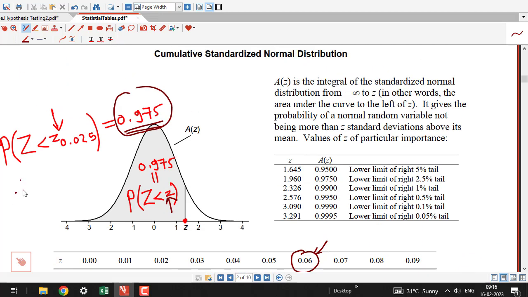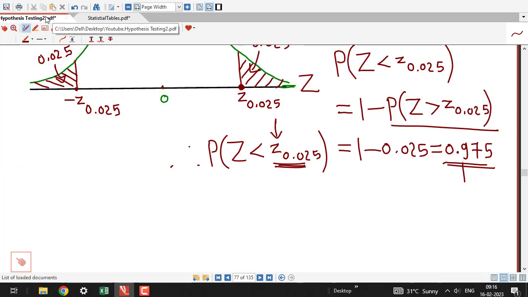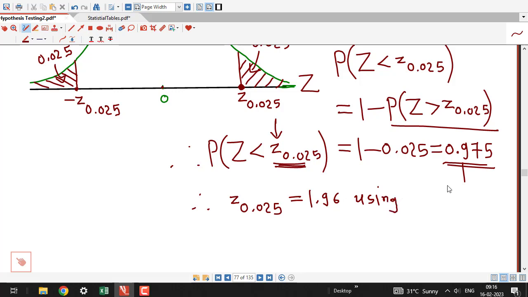So here I can say that z suffix 0.025 is nothing but 1.96. Therefore z suffix 0.025 is equal to 1.96 using the normal probability table.